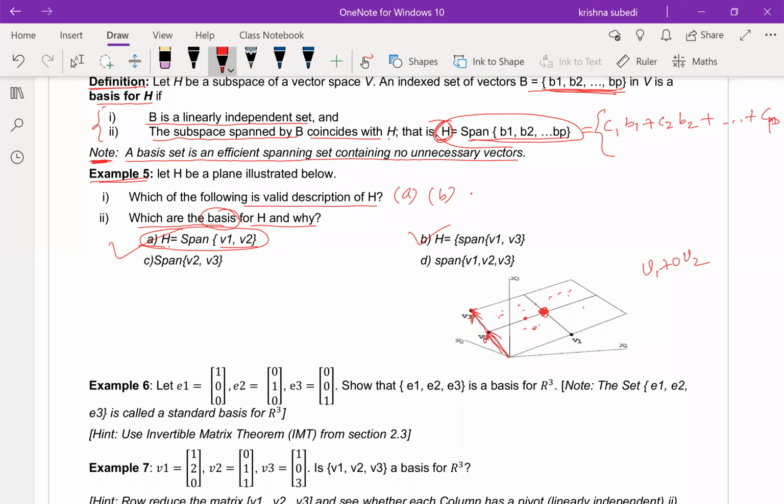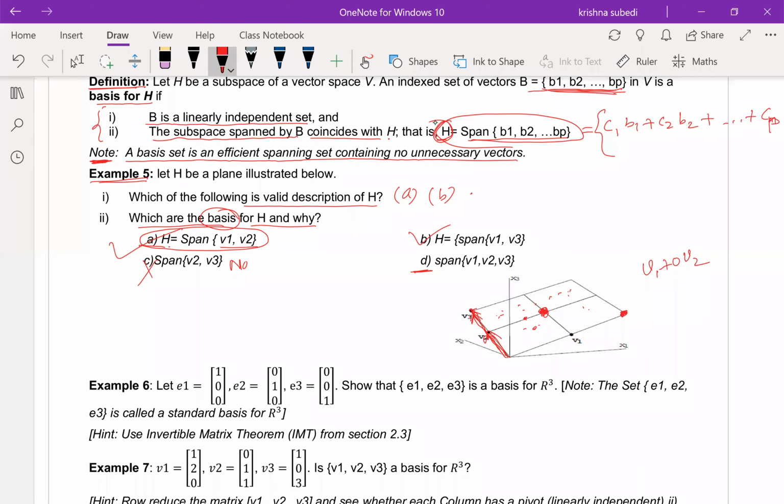We cannot express that point using v2 and v3. They are just in the same direction. Basically, this is only one vector, just a multiple of the other one. So C cannot be.